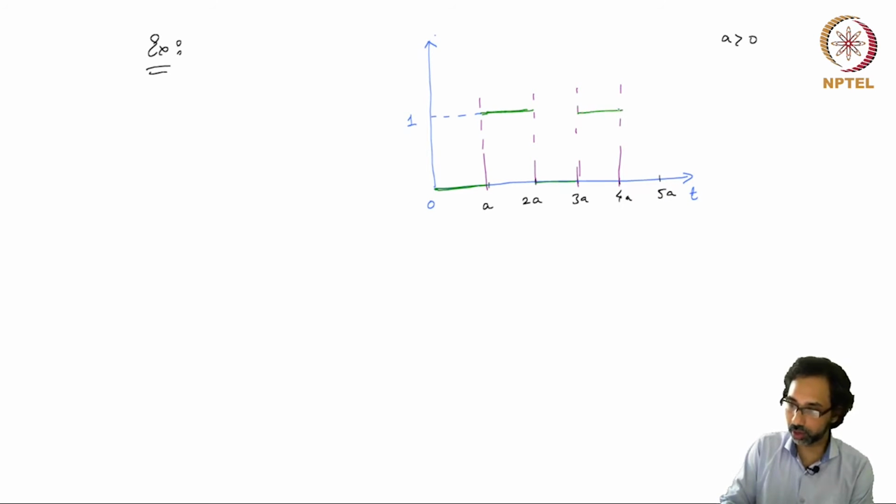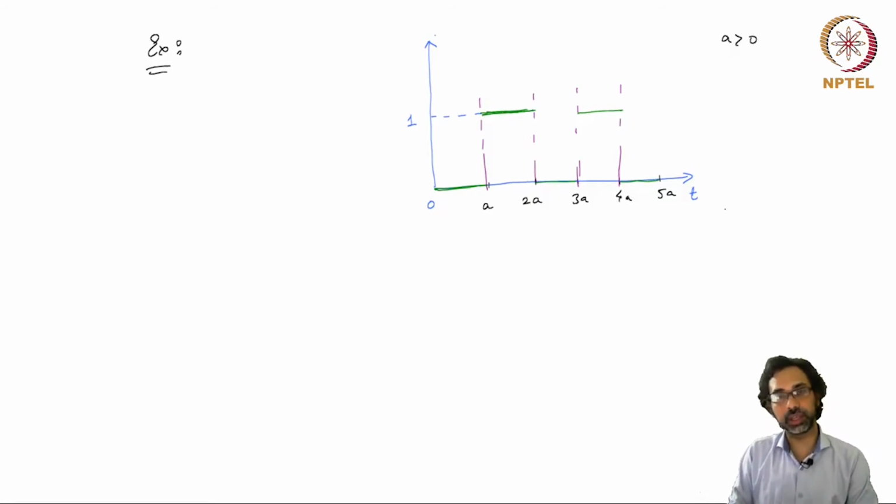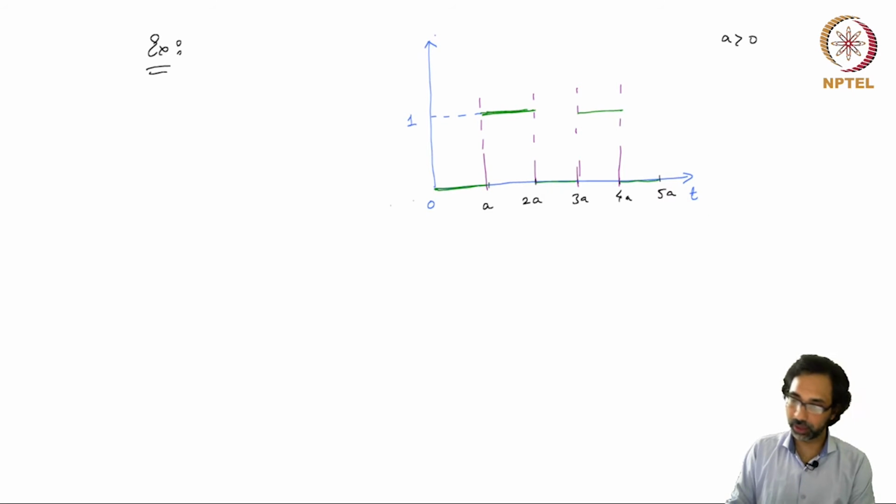This is 1 again, and so on. It is defined for all these intervals ka and (k+1)a over the real line.